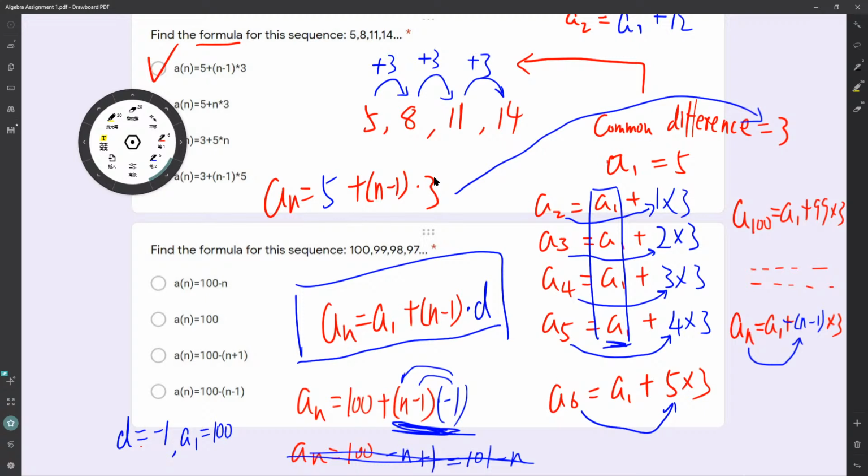But here we can stop, and we can see this is the formula. Basically, we just plugged in A1 and the common difference into the general formula, and this is how we deal with sequences.